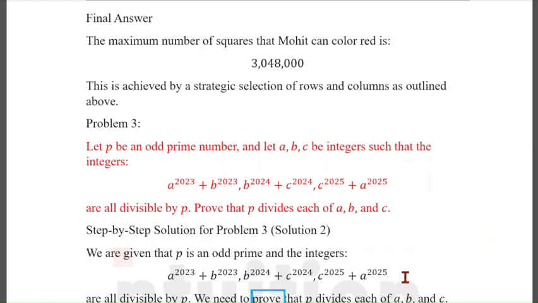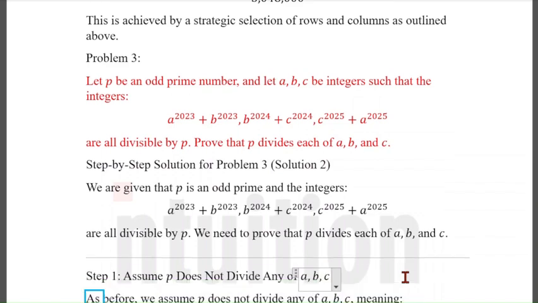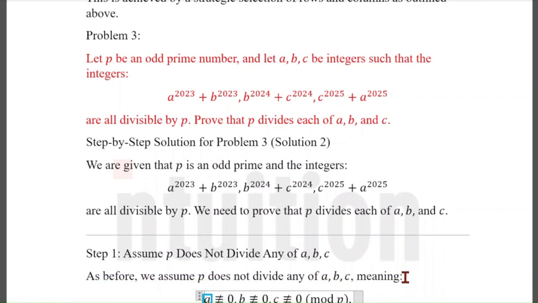We need to prove that p divides each of a, b and c. Step 1. Assume p does not divide any of a, b, c. As before, we assume p does not divide any of a, b, c, meaning a is not congruent to 0, b is not congruent to 0, c is not congruent to 0 (mod p).